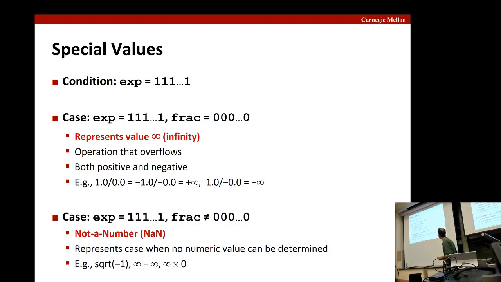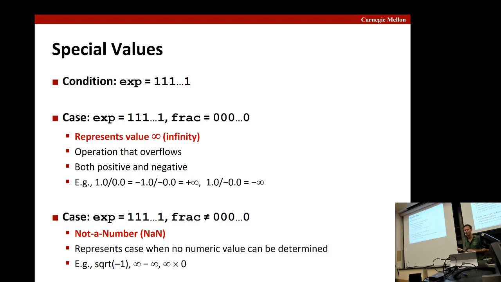If you do 1 divided by 0, you get positive infinity. But you can distinguish that from 1 divided by negative 0, which would be negative infinity, or negative 1 divided by 0. In every other case, where the fraction is not 0, it's not a number, a special thing called NaN.